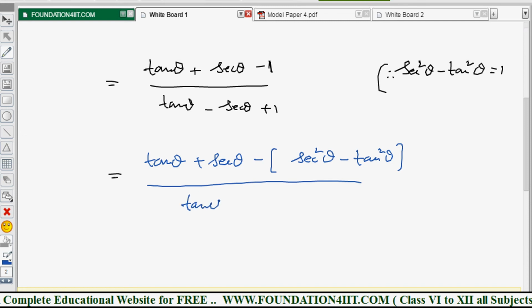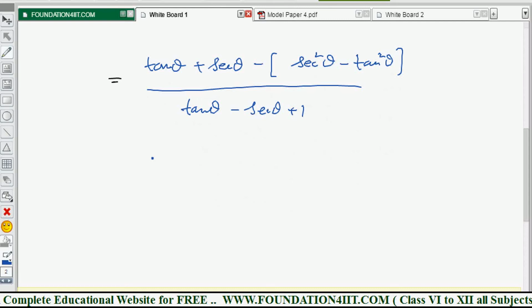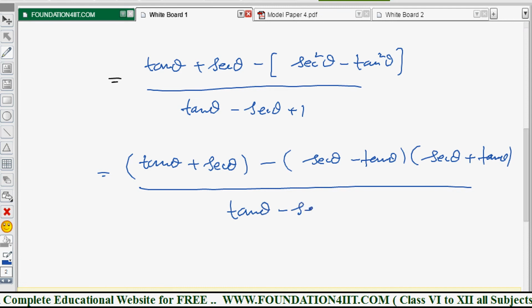So we take the denominator as tan minus sec theta plus 1. The numerator uses the a square minus b square formula: tan theta plus sec theta in one bracket, minus (a plus b) into (a minus b), apply sec theta minus tan theta into sec theta plus tan theta, then the whole divided by the same denominator, tan theta minus sec theta plus 1.